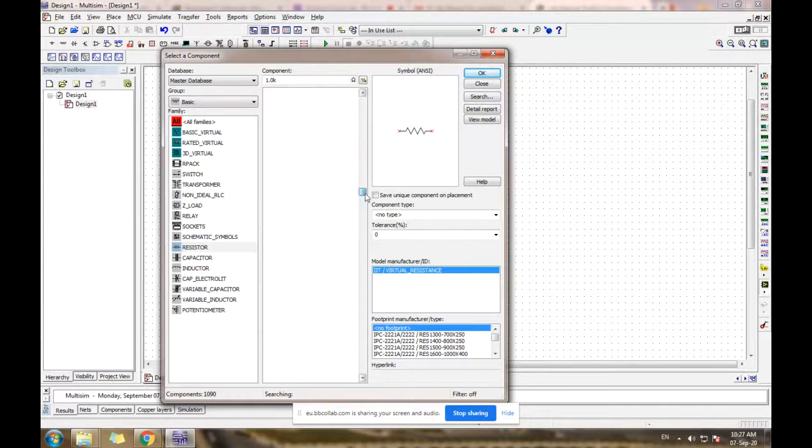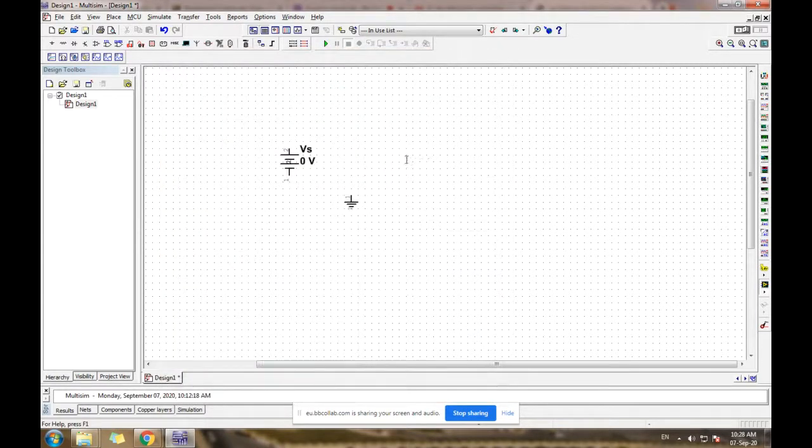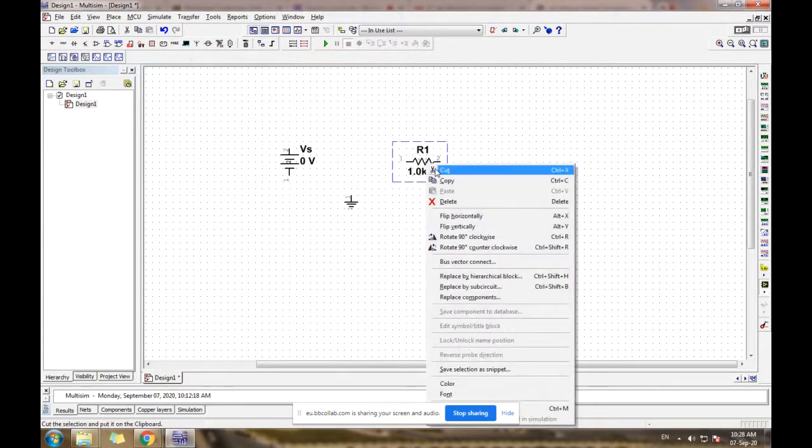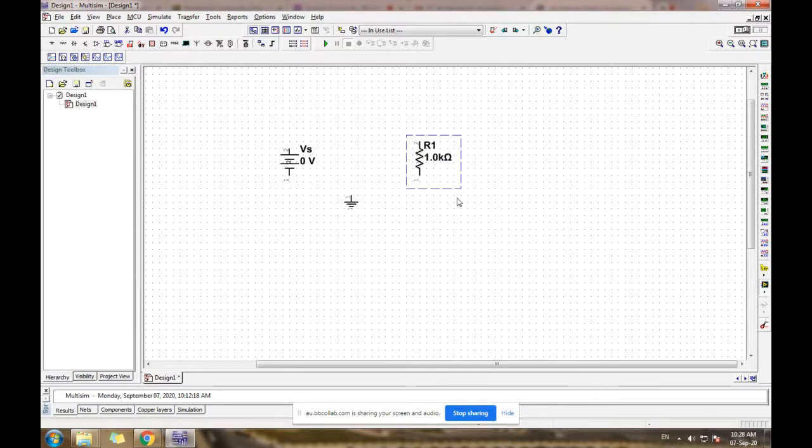There is a vast variety of resistors, from milliohms to kilo and mega ohms, also tera ohms. In this you have to select 1 kilo. So this 1 kilo I can place here. This resistor you can rotate also. You can rotate 90 degrees clockwise and anti-clockwise, anything you like. Okay, so is it okay, how to select the components?